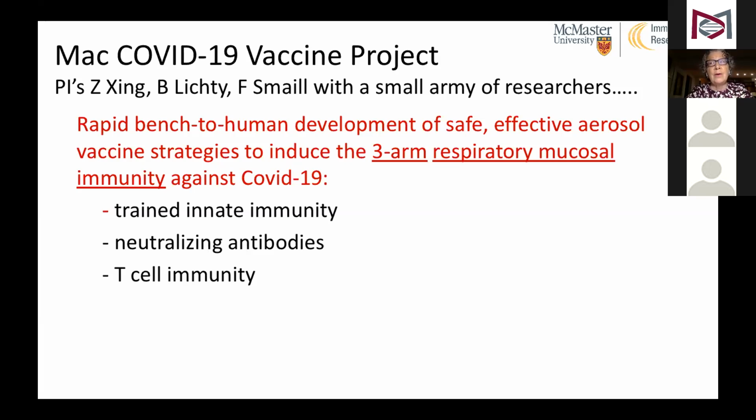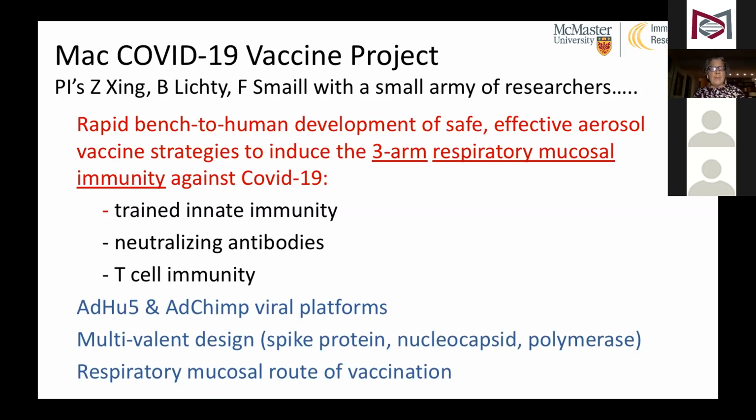Trained innate immunity is getting a lot of press at the moment, and this is, I think, a very important component of the aerosol vaccine strategy using a vector, including neutralizing antibodies and T-cell immunity. So it's really this three-pronged approach to immunity that a viral vector vaccine administered by aerosol can likely produce.